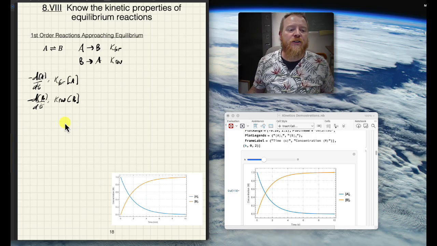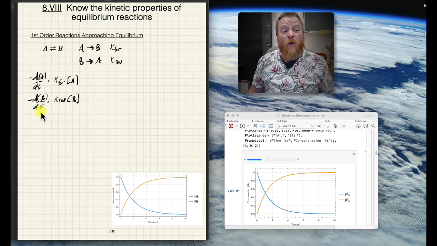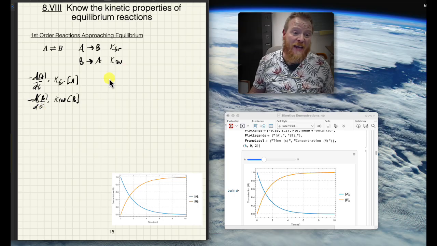But now what we need to do is combine these two expressions because we recognize these reactions will be occurring simultaneously.